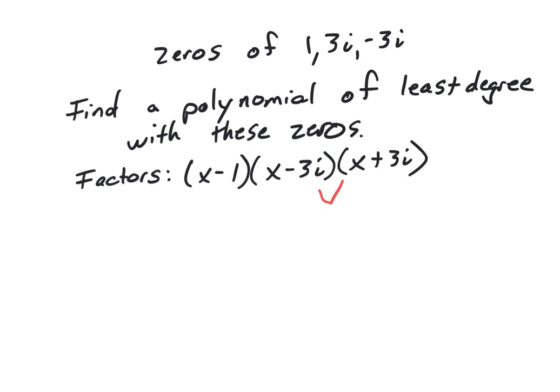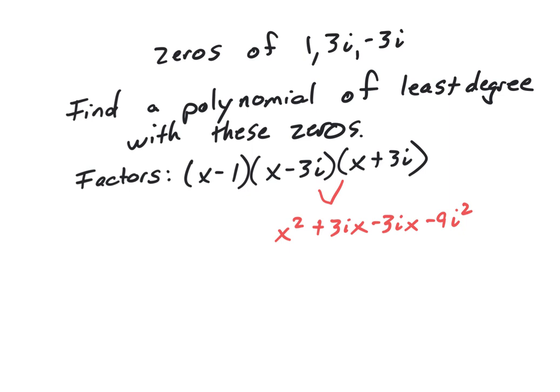So we're going to FOIL to start with. We're going to do x times x, x times 3i, negative 3i times x, negative 3i times 3i. We did a lot of foiling with imaginaries way back when.